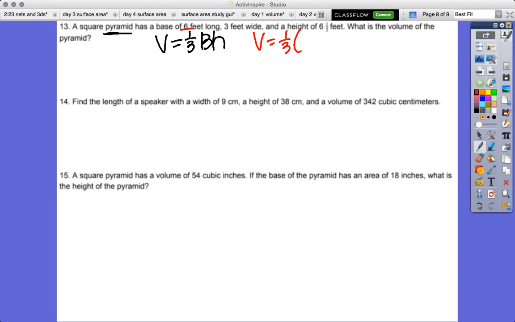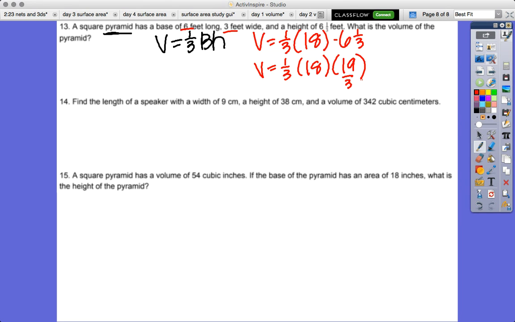The area of the base is going to be 6 times 3 times 6 1/3. Now I'm going to go ahead and change 6 1/3 to an improper fraction. So 3 times 6 is 18 plus 1 is 19, and we keep our denominator of 3.